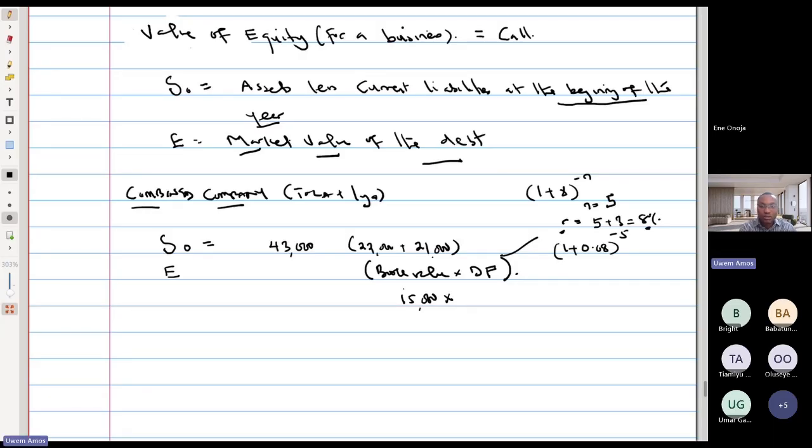That's 1.08 raised to the power of minus 5, which is 0.681. So I can just multiply directly by 15,000, which is 10,209. So that gives us the current market present value of the debt.